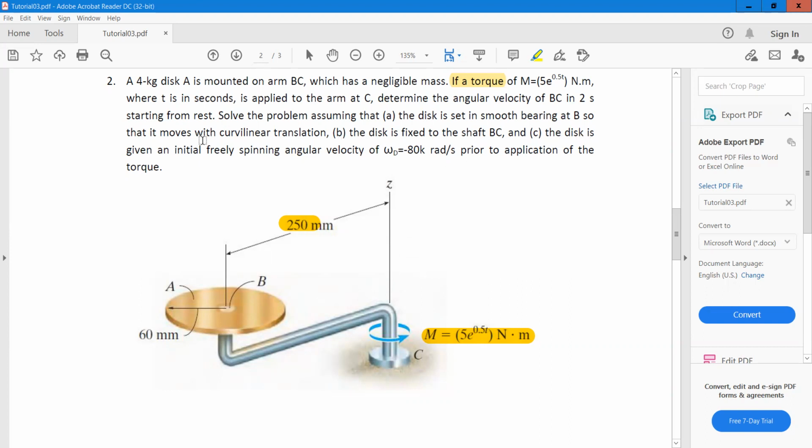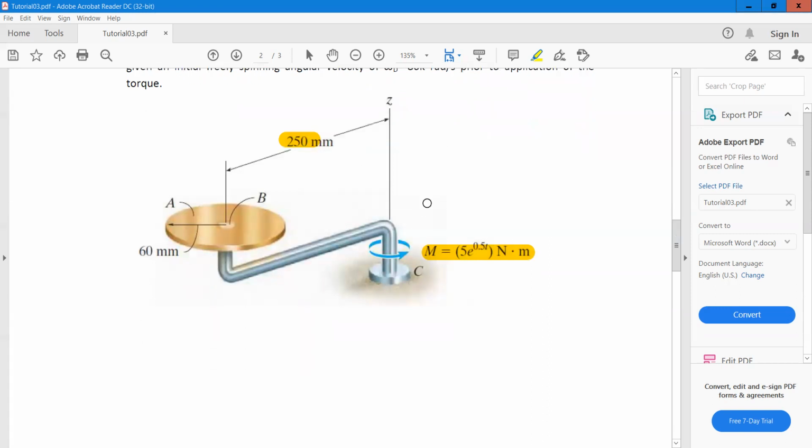And finally, at part C, the disk is given an initial freely spinning angular velocity of minus 80k radian per second, prior to application of the torque. So we have 3 parts.